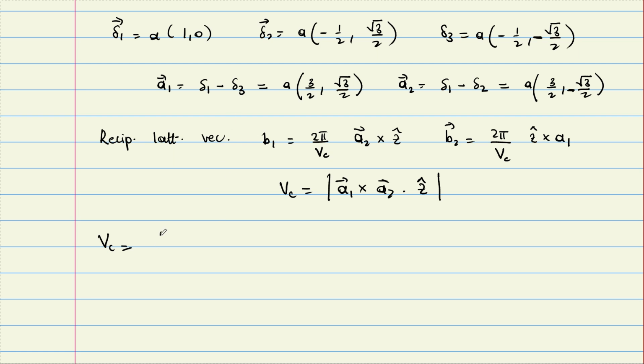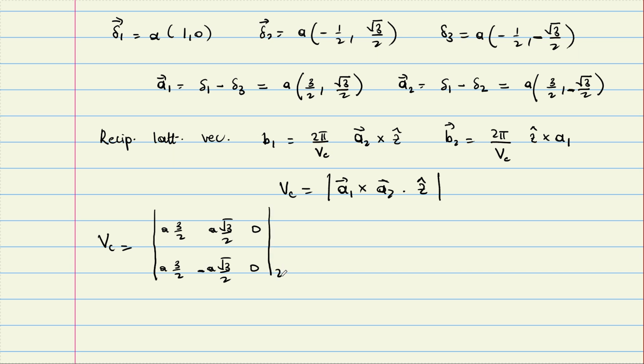A1 is a over 2, a root 3 over 2, 0, and A2 is the same as that one but with a minus.